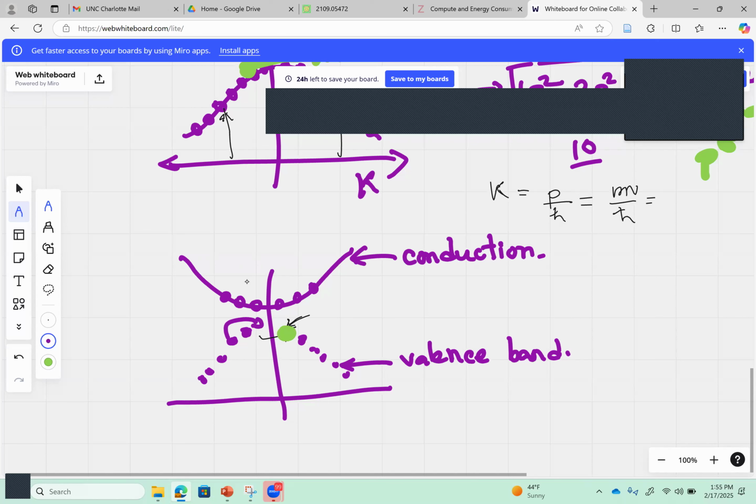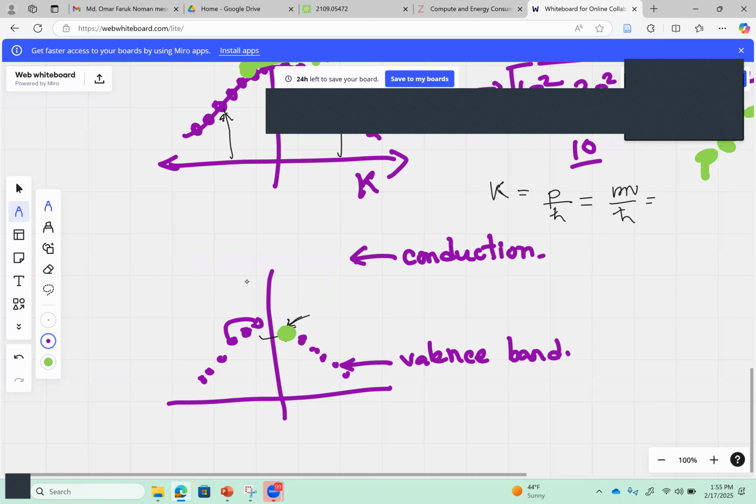The same thing can be said for the conduction band. Remember, in the conduction band, I created some electrons by applying heat so that some electrons can go from low energy states to upper energy states.